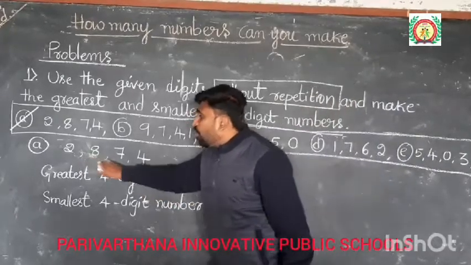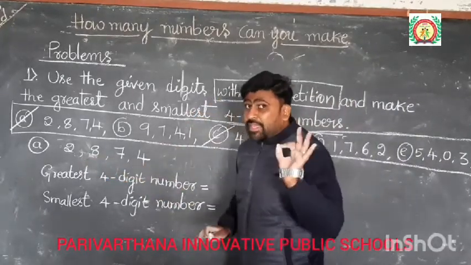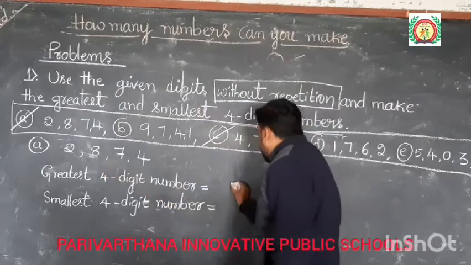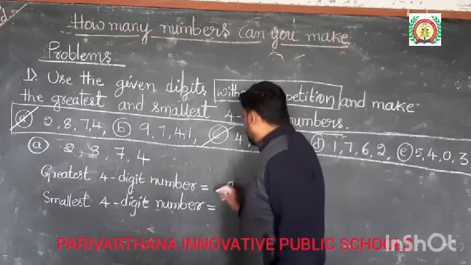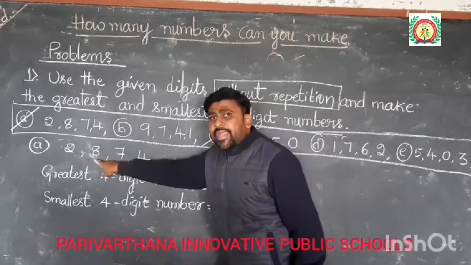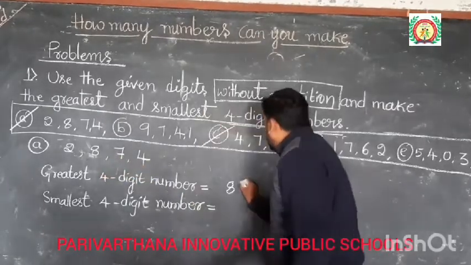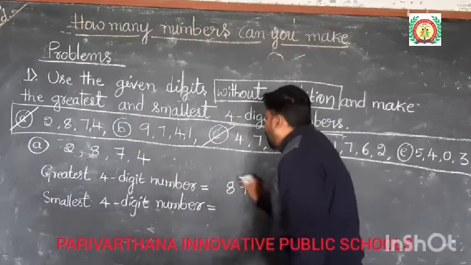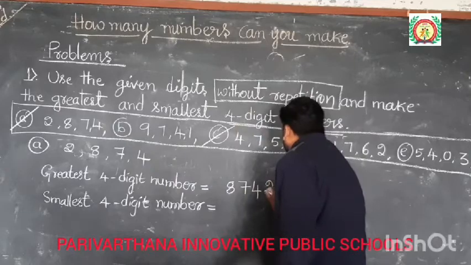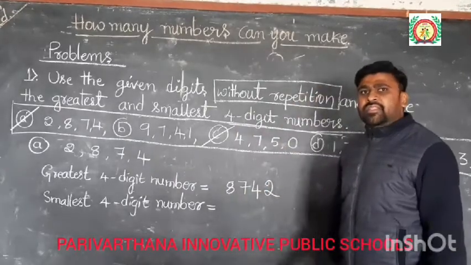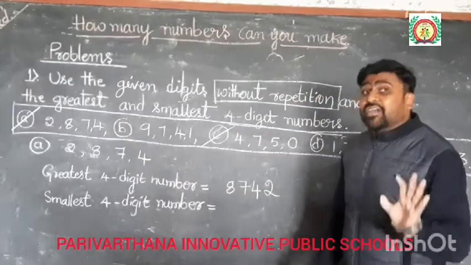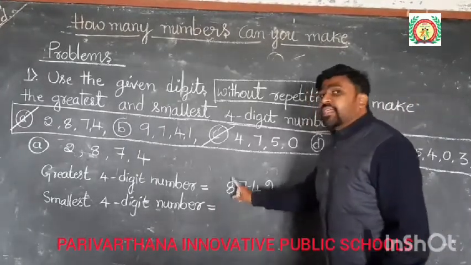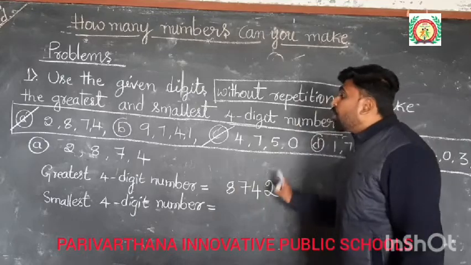Regarding these 4, which digit is big? Here 8 is big. First 8, afterwards 7, after that 4, after that 2. That means the greatest 4 digit number will be 8742.